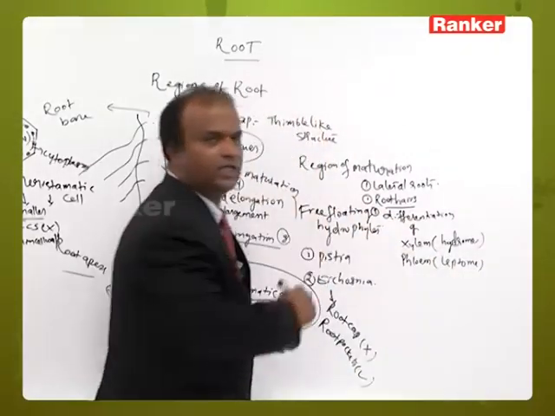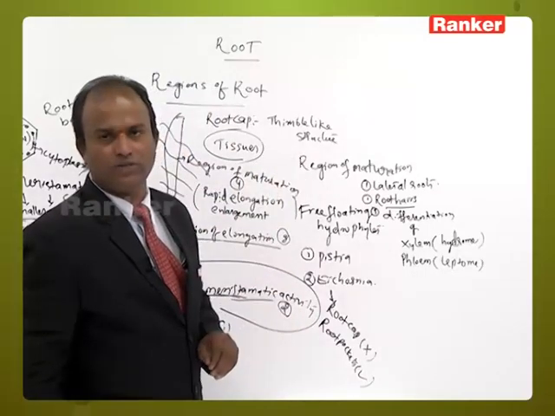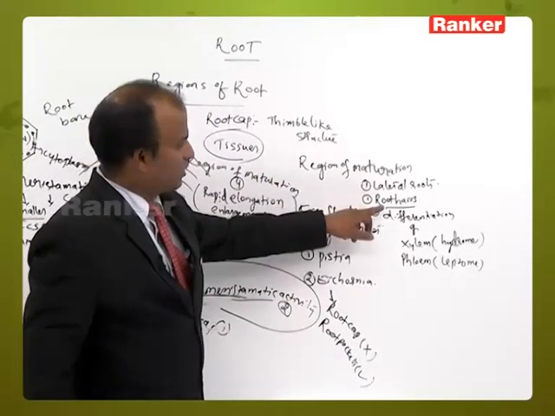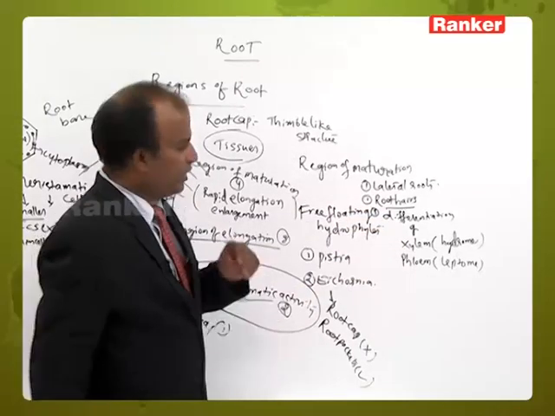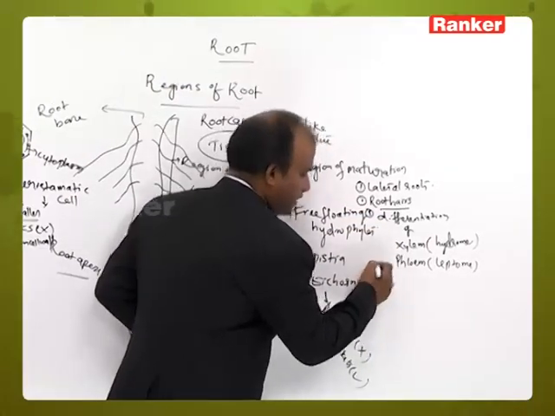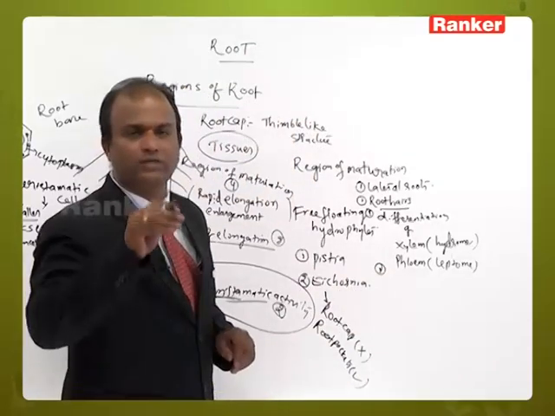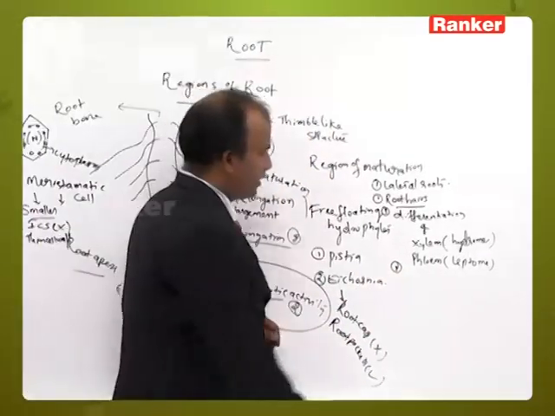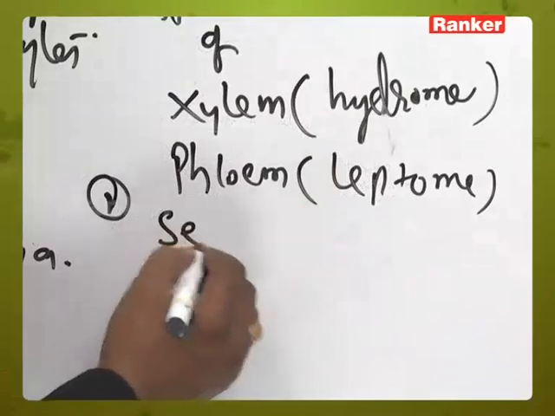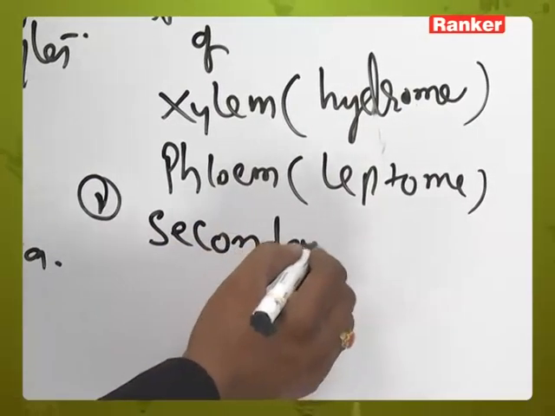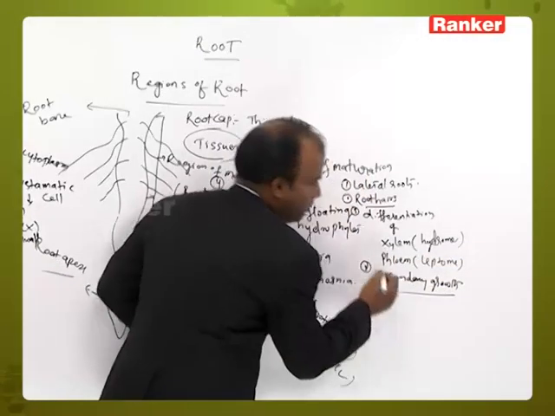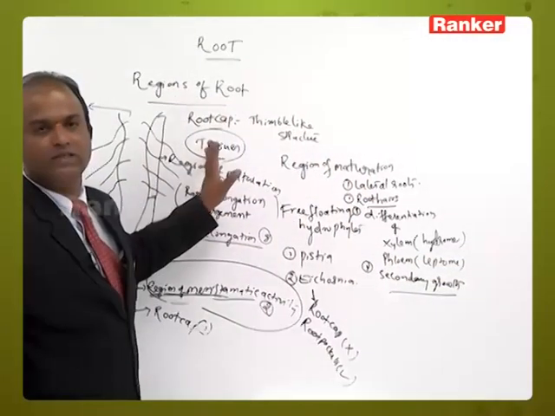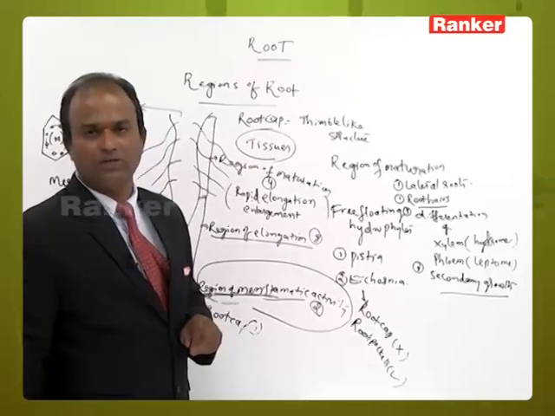It also occurs during the region of maturation. Apart from lateral roots, root hairs, and differentiation of xylem and phloem, secondary growth is also occurring in the region of maturation.